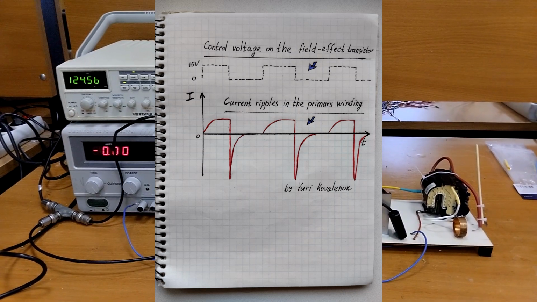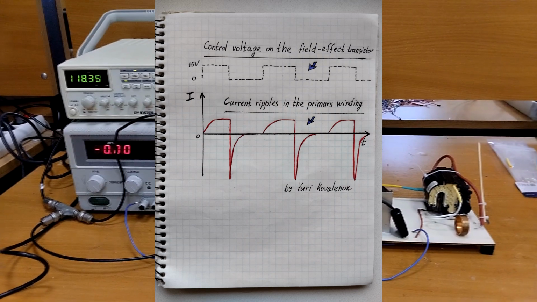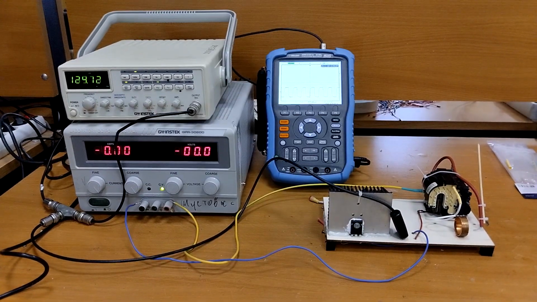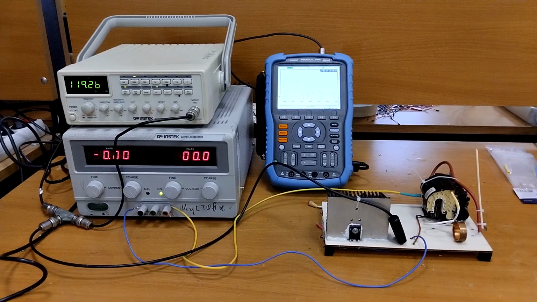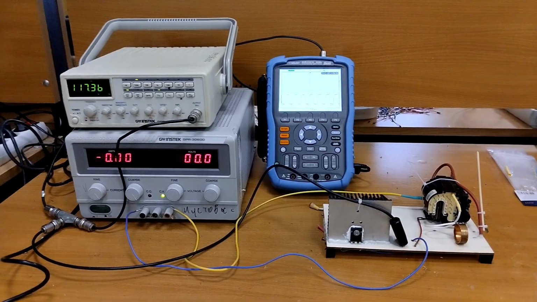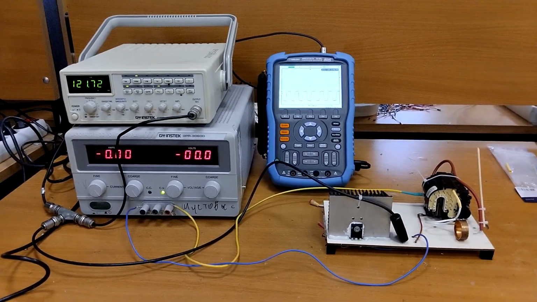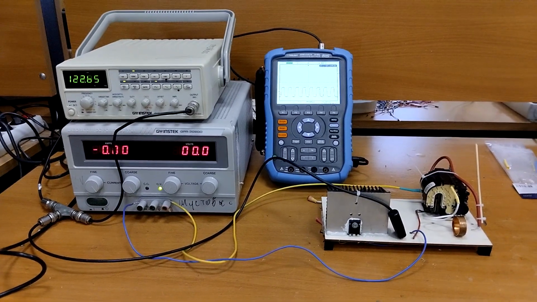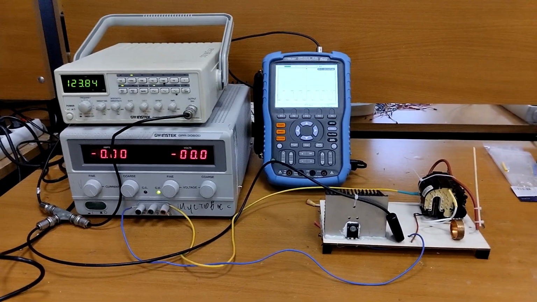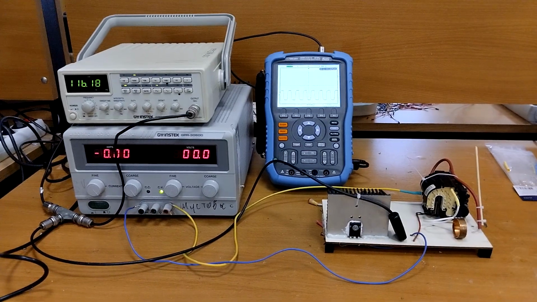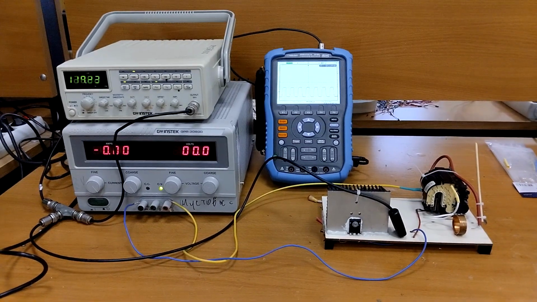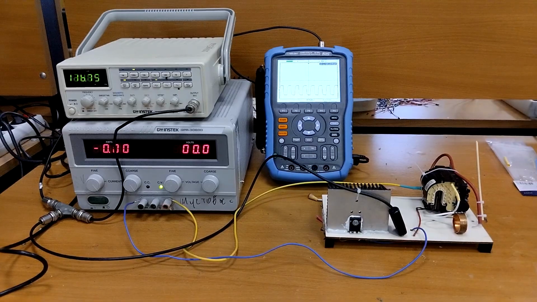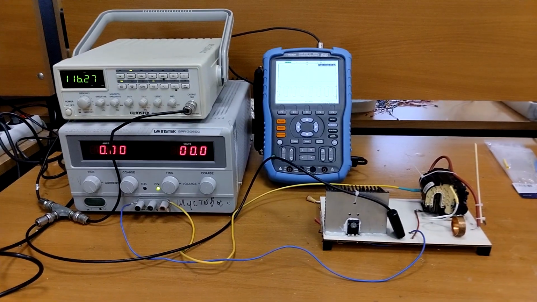In this way, a pulsating current arises which creates a pulsating magnetic flux in the magnetic circuit. And that in turn creates an EMF in the secondary winding of the transformer. But since there is a voltage multiplier in the secondary winding of the flyback transformer, we get a constant voltage at the output. But that's not all.